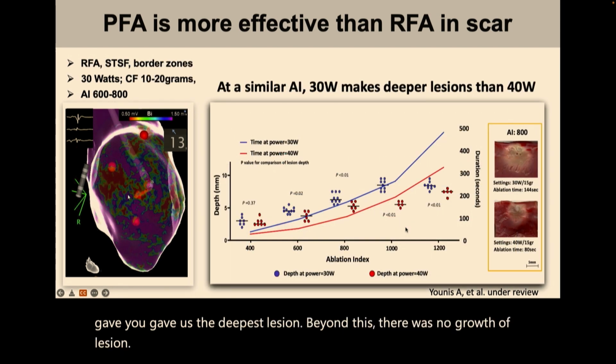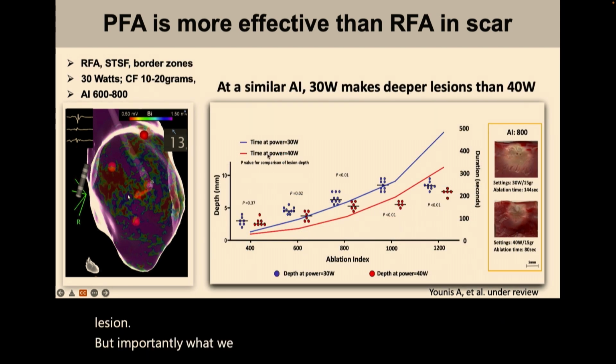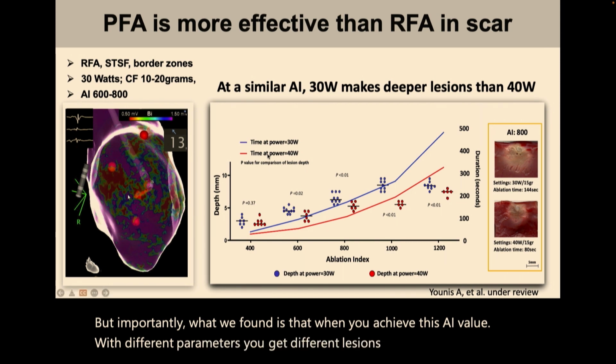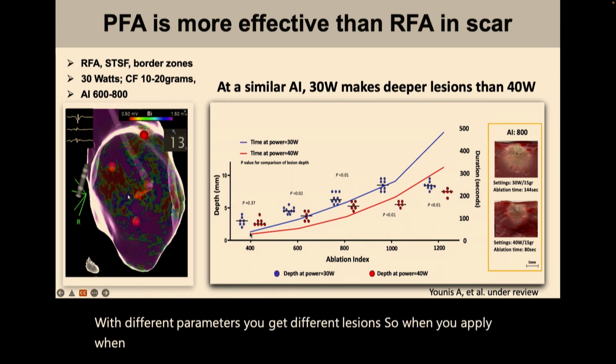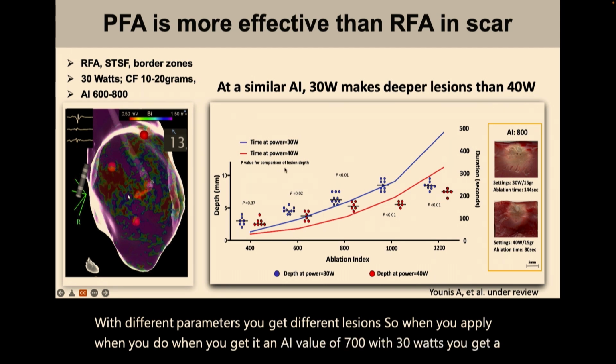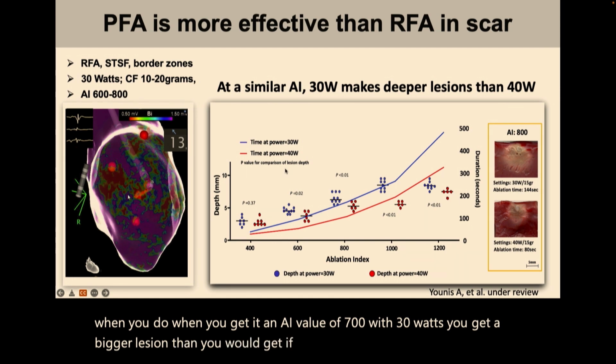But importantly, what we found is that when you achieve this AI value with different parameters, you get different lesions. So when you get an AI value of 700 with 30 watts, you get a bigger lesion than you would get if you reach this AI value with 40 watts. Now, you'll ask why.